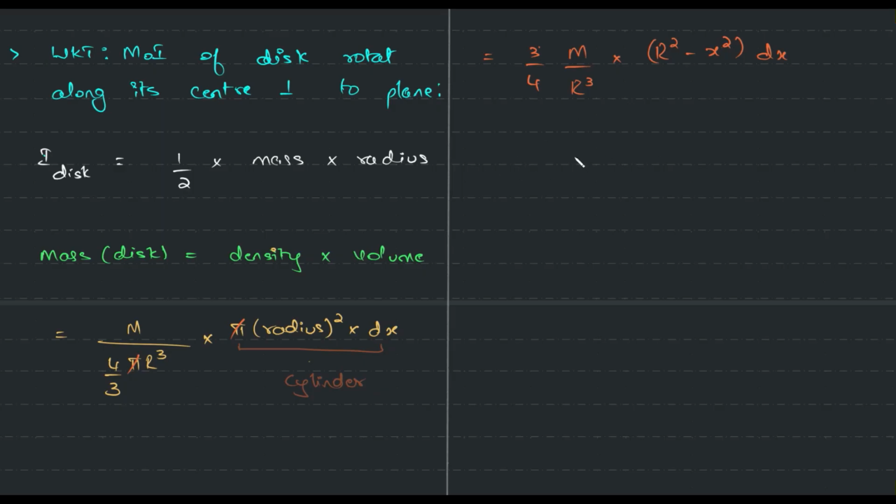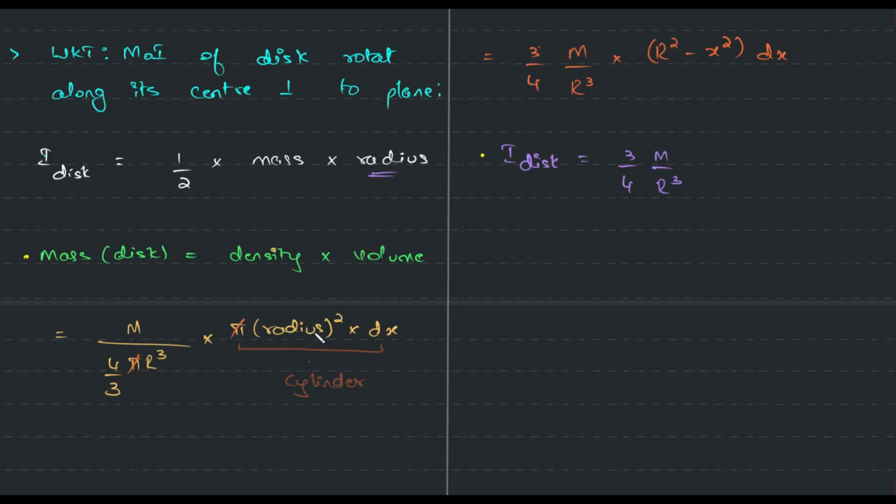Okay, so that would be your mass. Then I of the disk will be, guys, it's radius times radius. Actually, it will be the square of this, so I'm going to square it. Don't get confused, because there is one more radius over here.